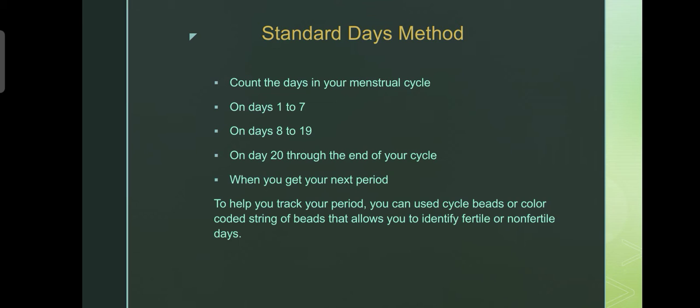To help you track your period, you can also use cycle beads, or color-coded strings of beads, that allow you to identify fertile or non-fertile days. When we say fertile, it means the woman has a tendency to get pregnant.